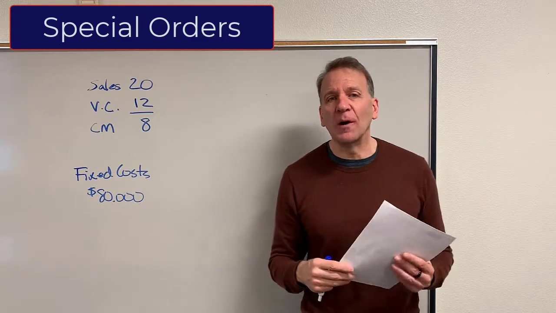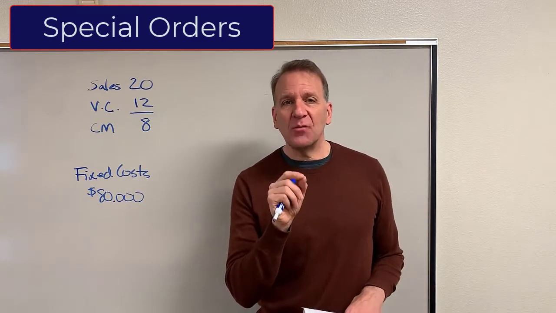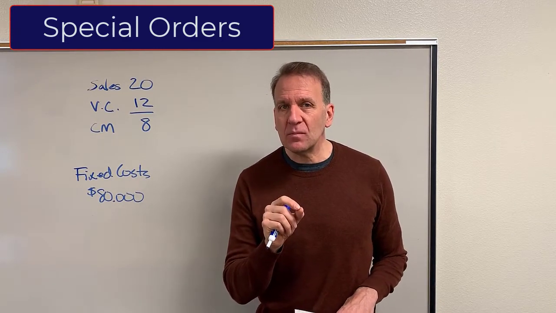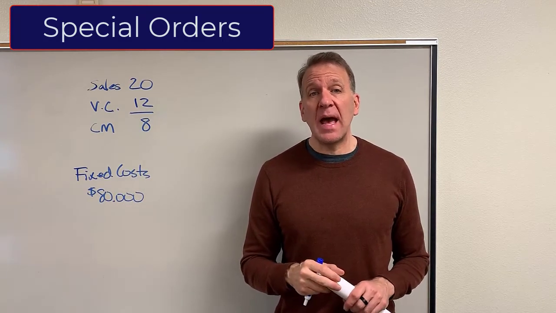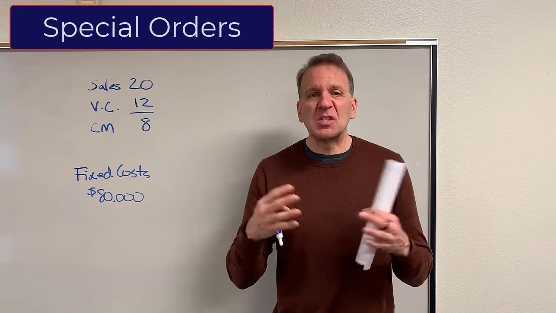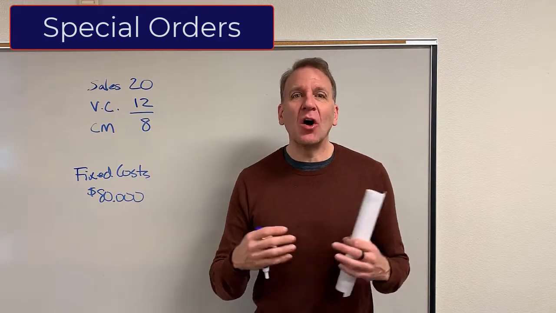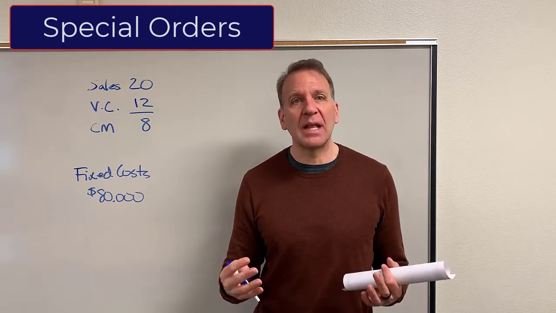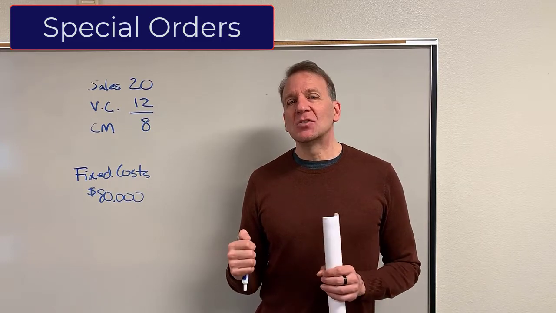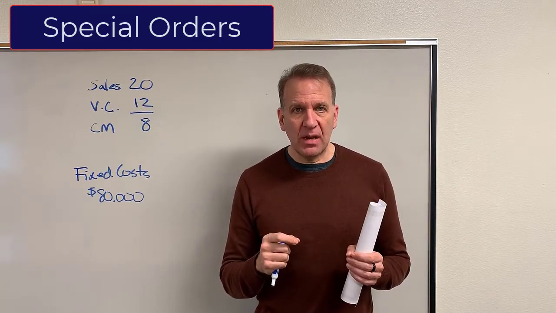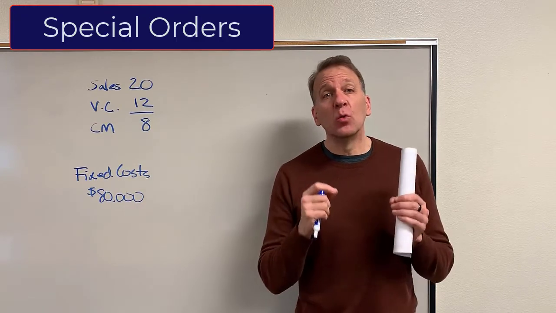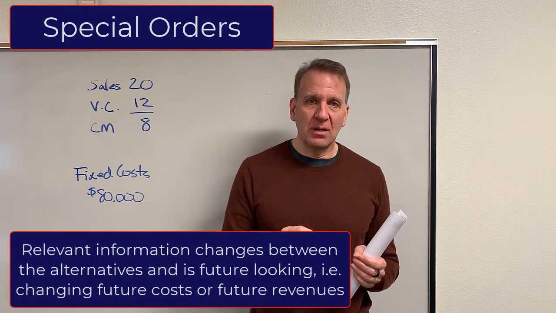We can sell more. So if we've got this capacity, then maybe we will sell these soccer balls to somebody at a discounted price, just for a special occasion. We're not going to do this all the time because then our other customers would want to get this deal. When we're looking at these types of decisions, we need to make sure that we're looking at the relevant information.